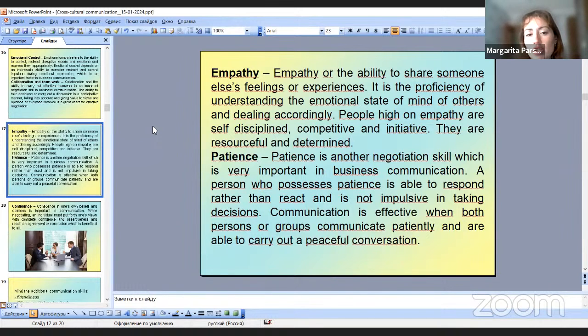So patient people tend toward peaceful conclusions, a peaceful manner of coming to one goal. It's pleasant to speak to those people.